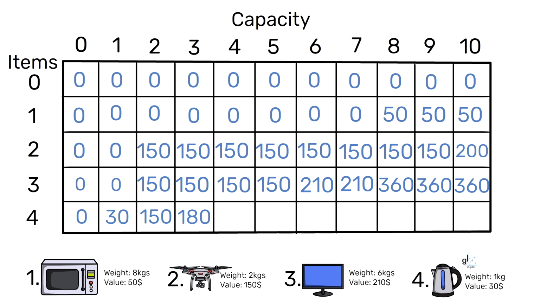The next values we need to record are derived from the same computation as the one made when the capacity equals 3, until the capacity value reaches 6. So let's fill in the value of 180 appropriately until the capacity is 6. So let's plug the values into our formula for when the capacity variable is equal to 6. The first argument that we need to pass into the max method is the value of the kettle plus the value of the drone, which gives us a value of 180.